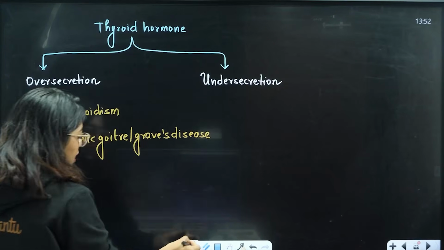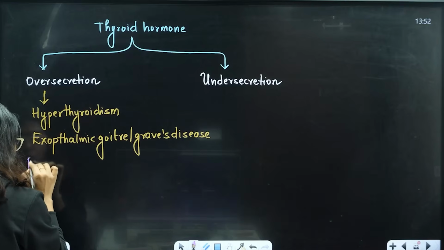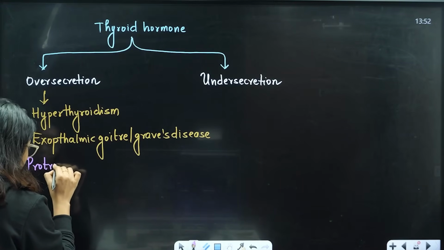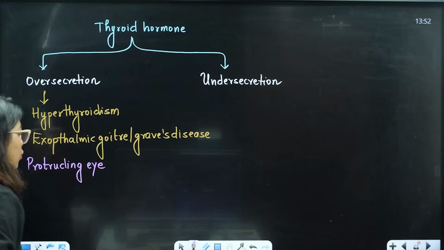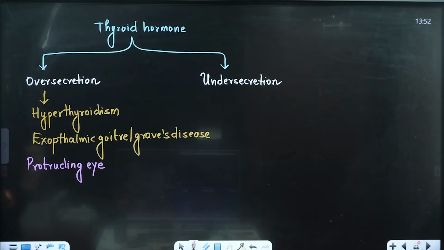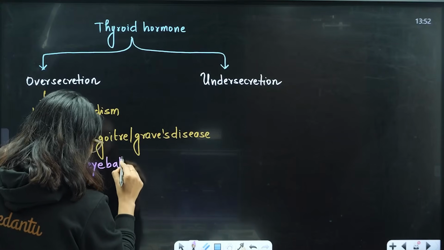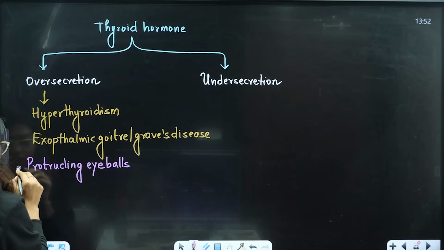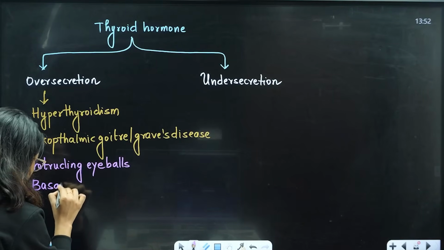Okay, Graves' disease. Students, here in Graves' disease, what are the conditions you should know? Protruding eyes. Then you will have an increase in BMR.